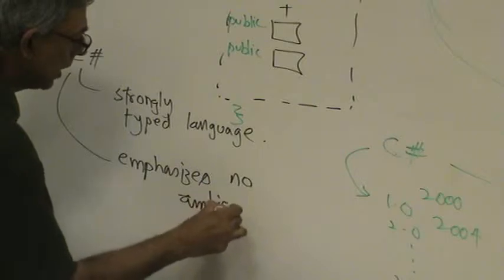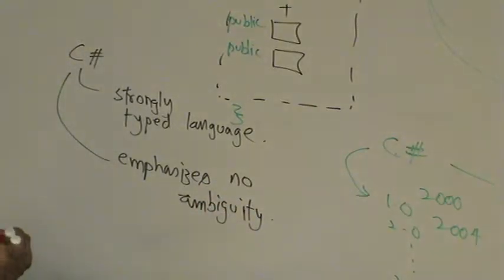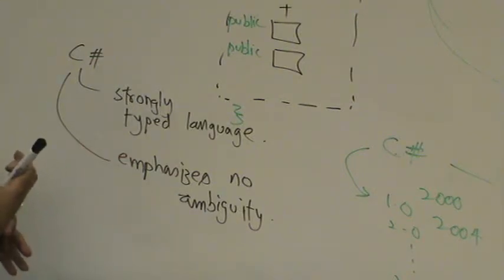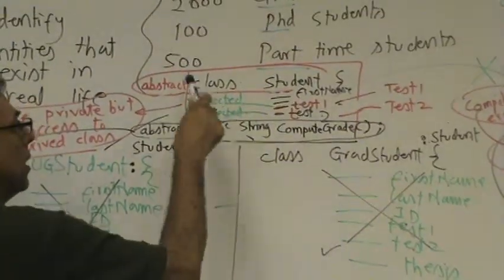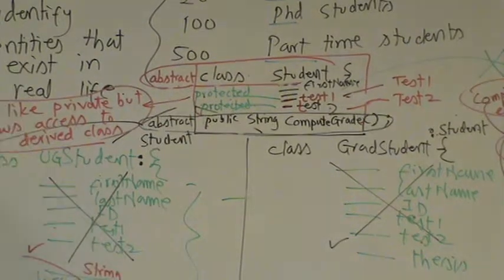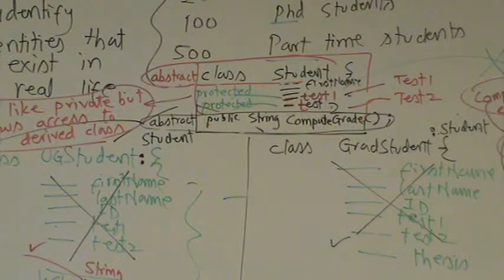So as you're writing the code, if there's any confusion that possibly may occur, the goal of C#, even more than Java, is to eliminate any ambiguity. So that's why if we mark one method as abstract, the code will not compile if you forgot to mark the class abstract. So the class has to be marked abstract, right?